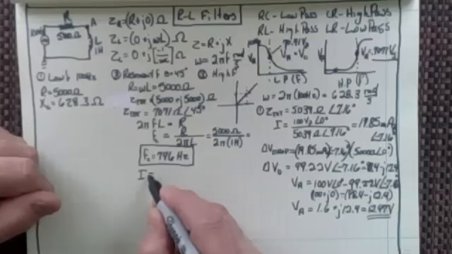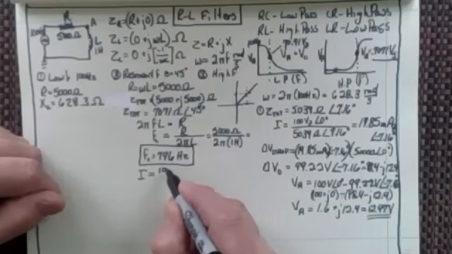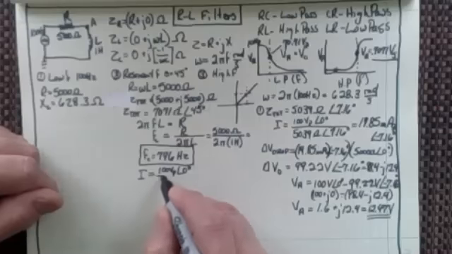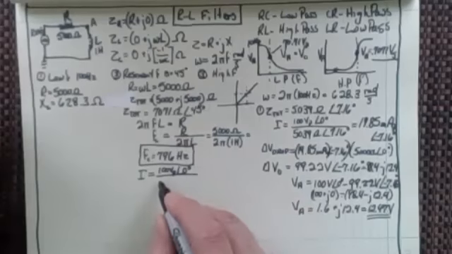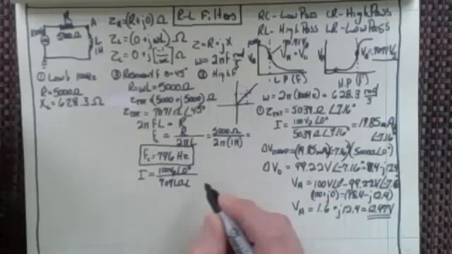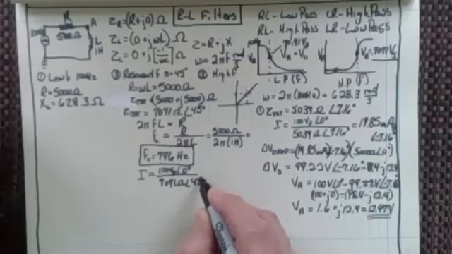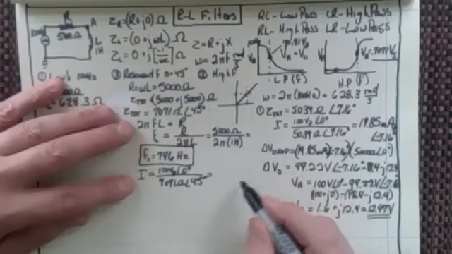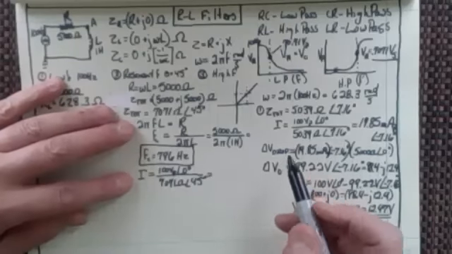So the current through this circuit then is going to be 100 volts peak at 0 degrees divided by 7,071 ohms at an angle of 45 degrees. And I think everyone can see that we're going to get minus 45 degrees out of there.